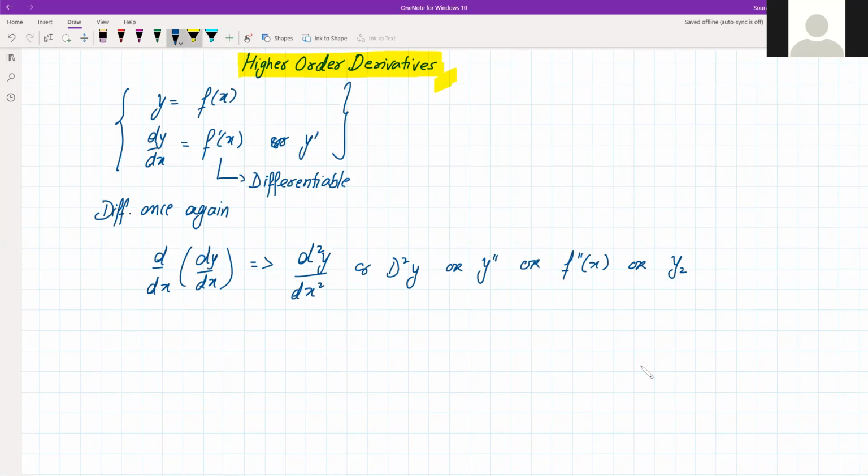So these are different representations. They are not different formulas or different methods. They all represent the same thing, and this is called the second order derivative.